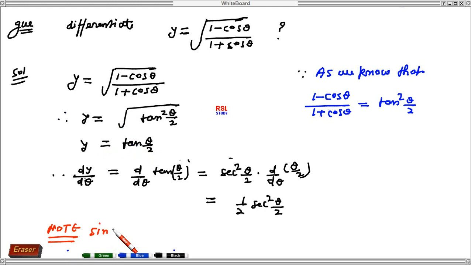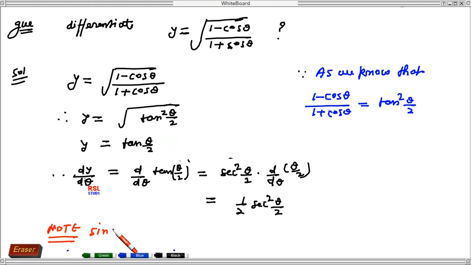The under root will be removed, and now this term is a function of theta. So you will not differentiate it with respect to x as you generally did in the previous questions. You will differentiate it with respect to theta, because your function is in terms of theta.